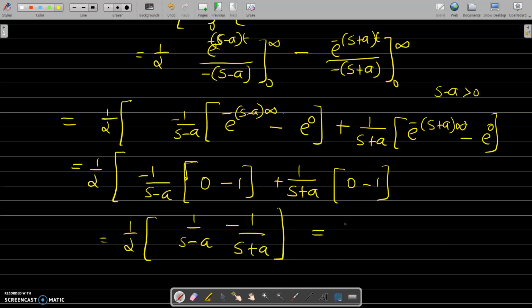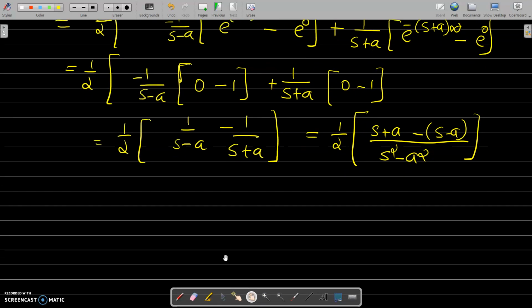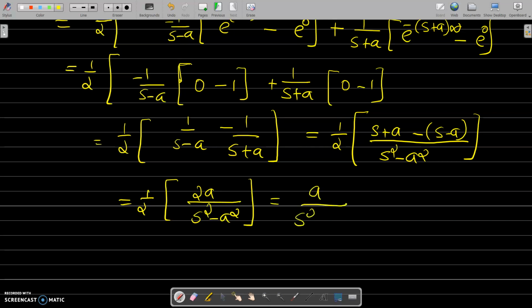Taking the LCM, s square minus a square comes, s plus a into s minus a. So here s plus a minus s minus a. Here it is 1 by 2 into, s cancels out. So 2a divided by s square minus a square comes. So 2 gets cancelled and this is a divided by s square minus a square.